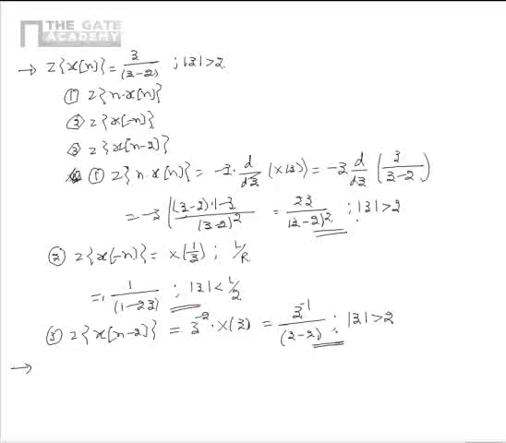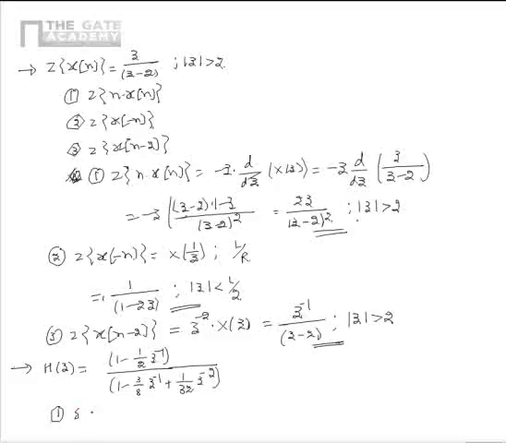Now let us consider another problem as per which it is given that the system function of a LTI system is h of z is equal to 1 minus 1 by 2 z inverse divided by 1 minus 3 by 8 z inverse plus 1 by 32 z power minus 2. There are three statements given related to the ROC.